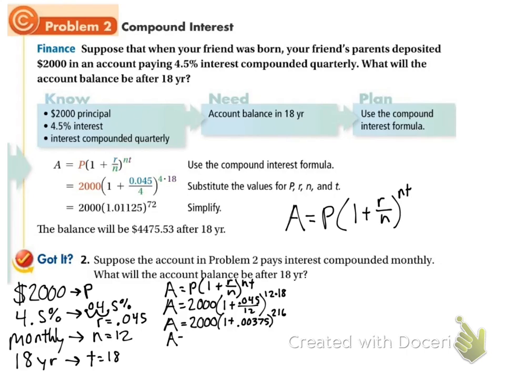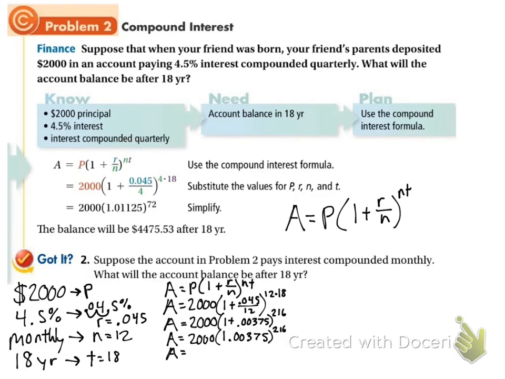So this is A equals 2,000 times, and now I'm going to add these right here. So 1.00375 to the 216. So now I need to take care of this exponent, so I'm going to do that 1 point, all of that, to the 216th.